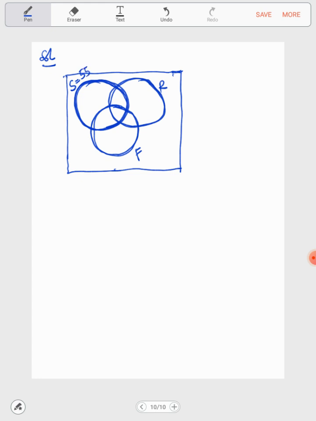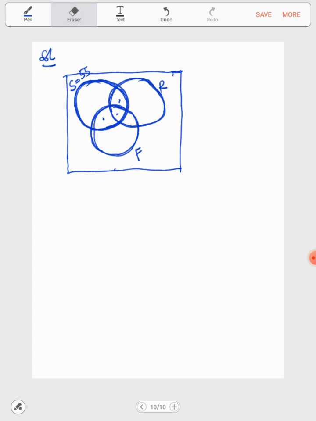You might ask, why didn't I just write it inside here? If I write it inside this part only, then by not including the other parts, you are saying that those are only those who love science fiction, whose interest does not intersect with faith and relationship.